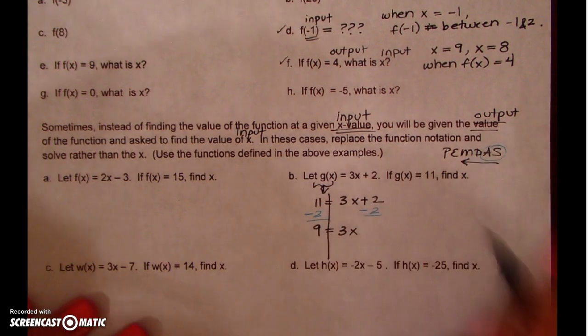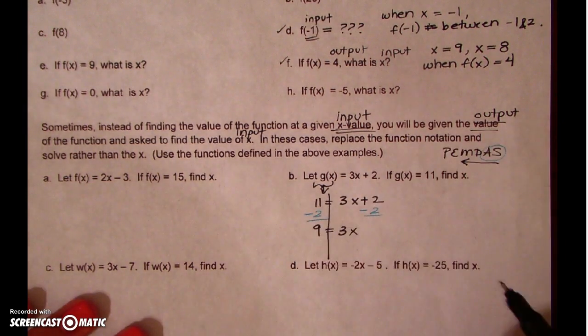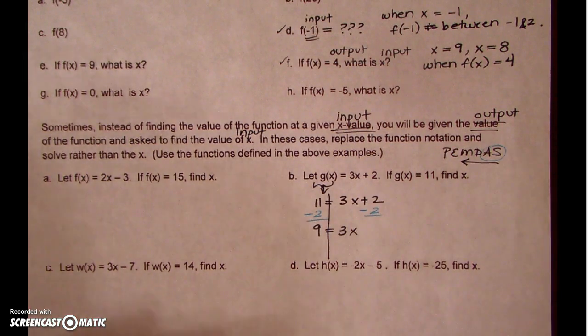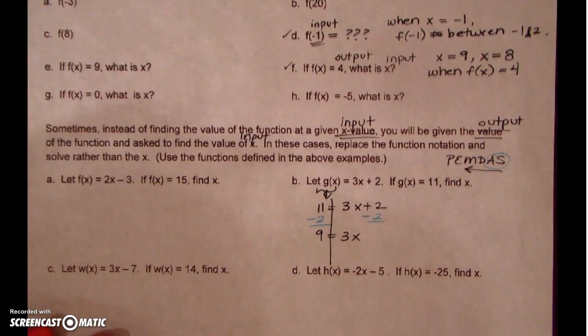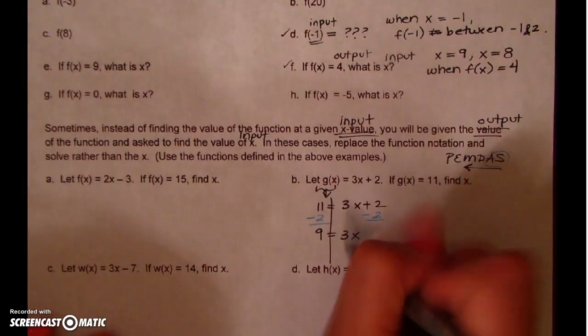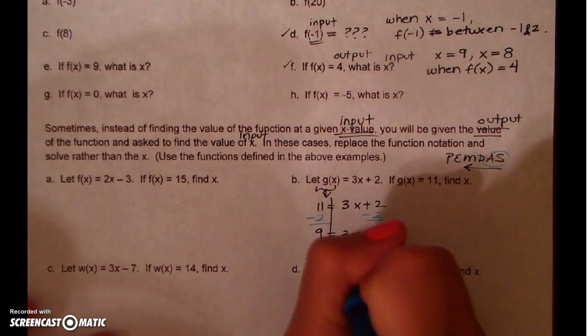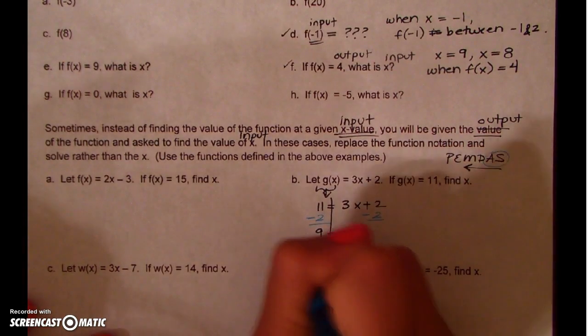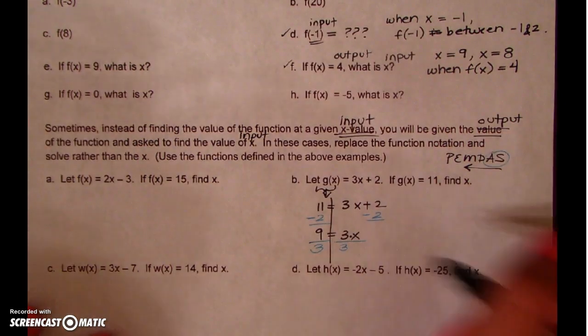Oh, and I forgot to tell you, when we subtract 2 from one side, we have to subtract 2 from the other side. And when I say the other side, I mean on the other side of the equal sign. Okay, so now we have 9 equals 3x. In order to get rid of the multiplication, we need to divide both sides of the equal sign by 3.